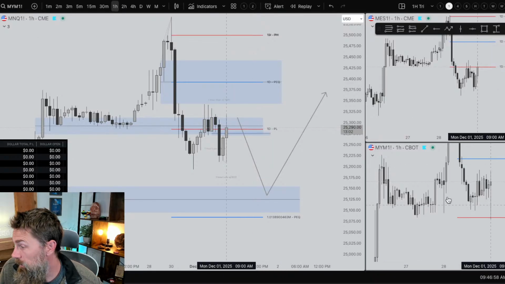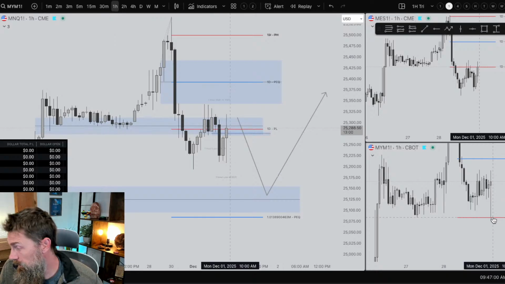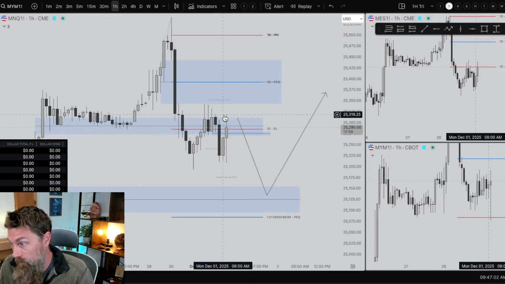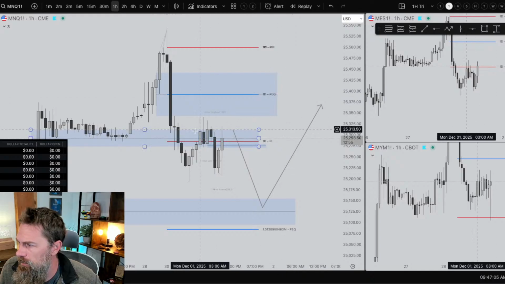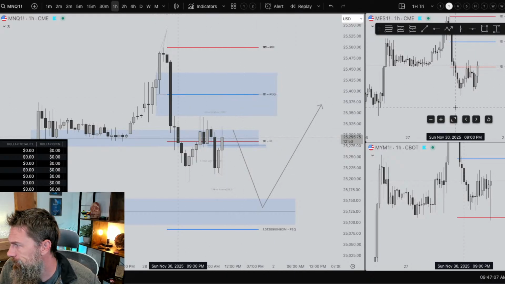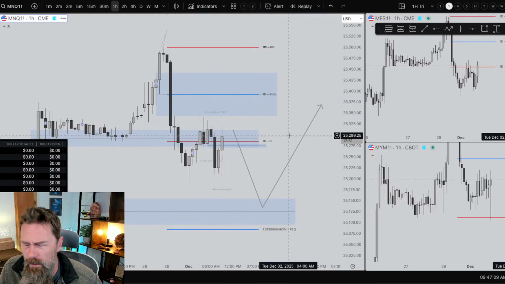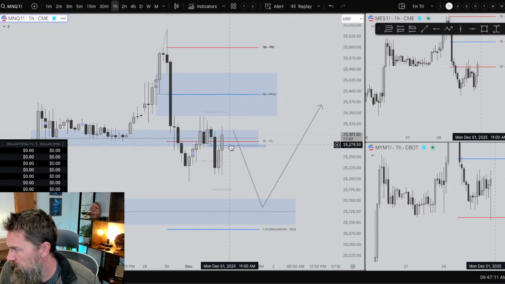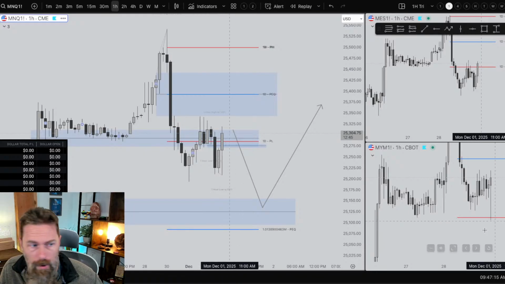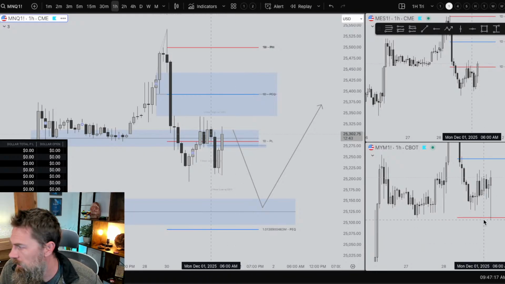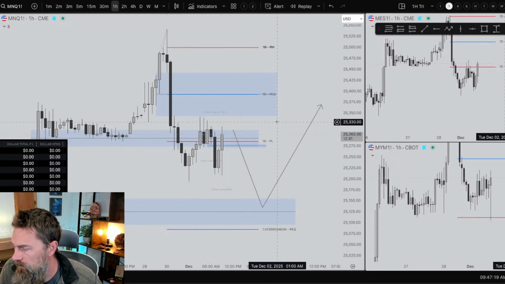So YM could be going for, could have done the stop hunt, pushing price up into this inefficiency on the 1-hour on the other assets. I feel like it's more bullish from this point. The only setup I would have had would have been this long on YM at the previous day low.